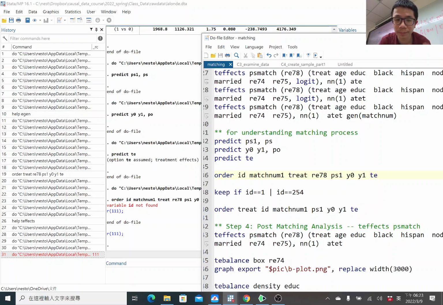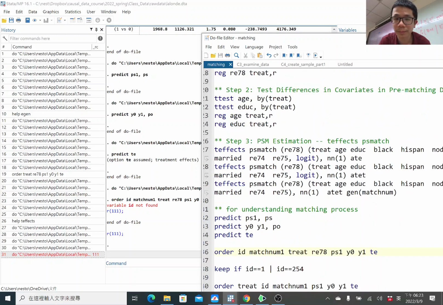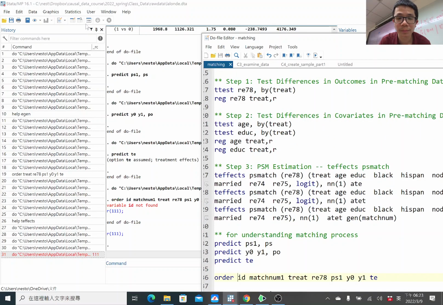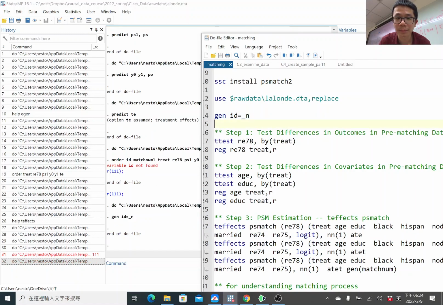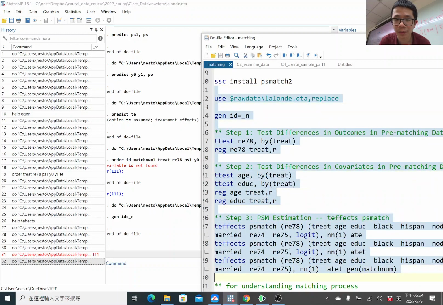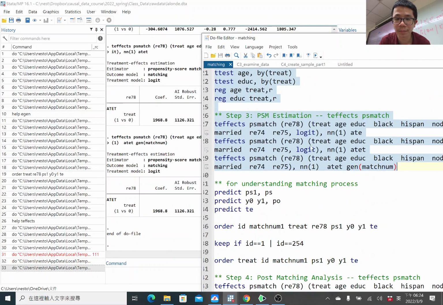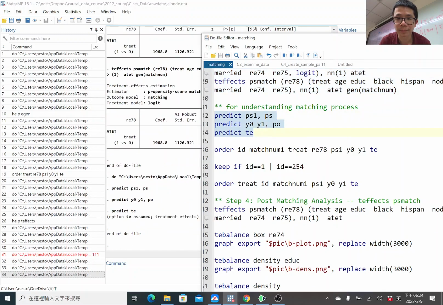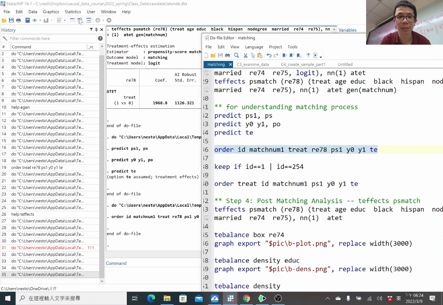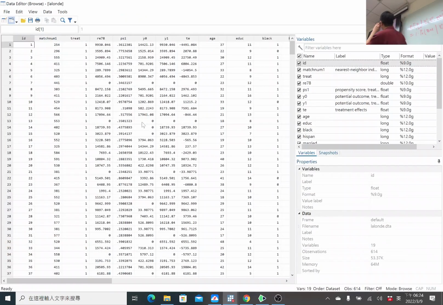Sorry, let me do it again. Okay, so here is the result. Let me use the first unit as an example.